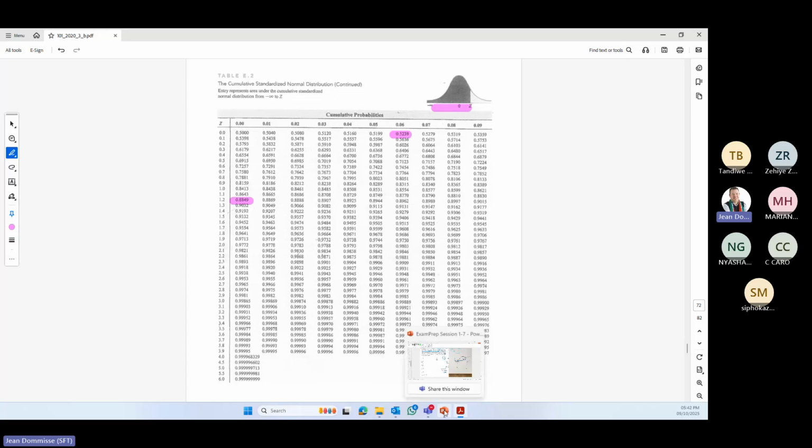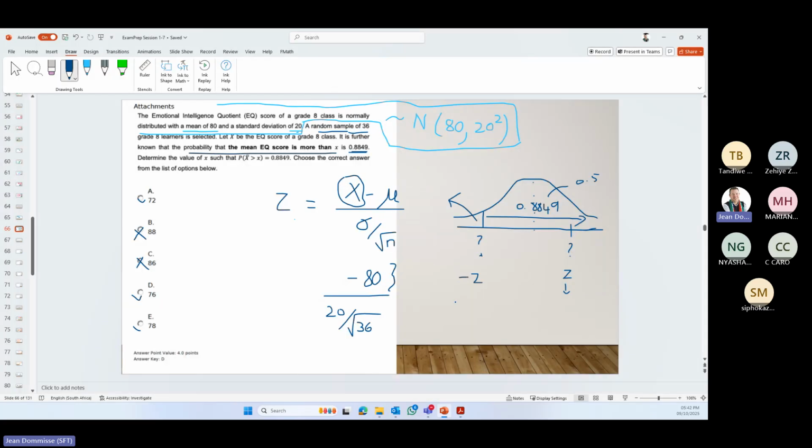It's 1.20. Okay, so z then is minus 1.20. So we can say, well, z is minus 1.20. That is equal to x minus 80 divided by 20 divided by the square root of 36.